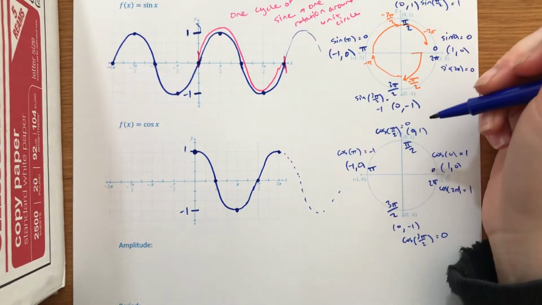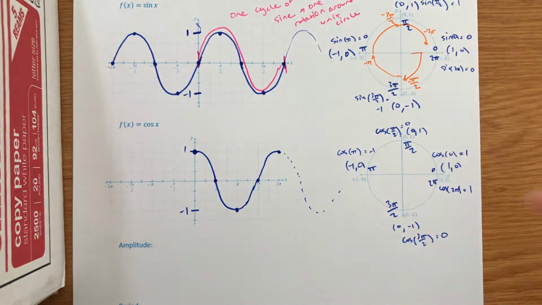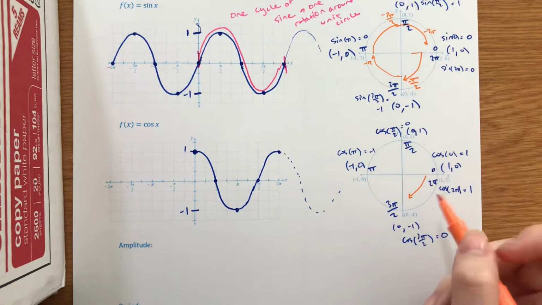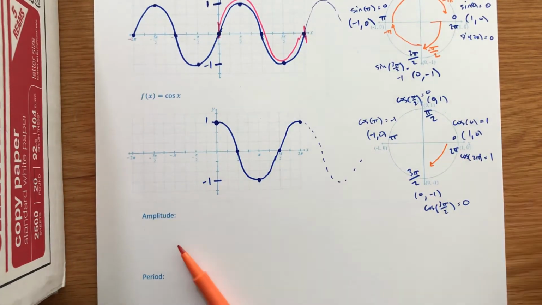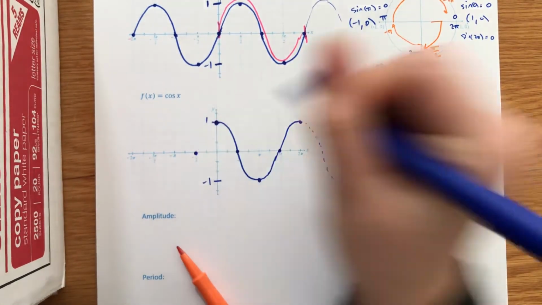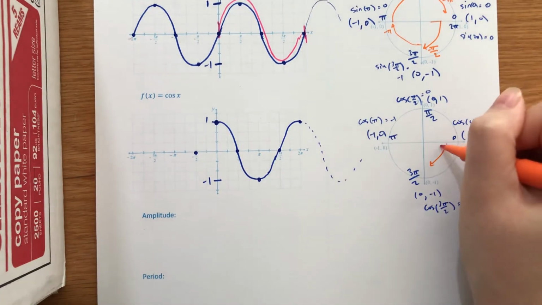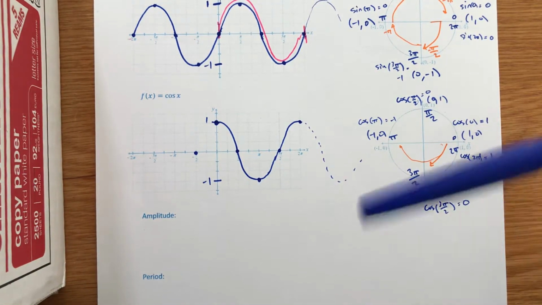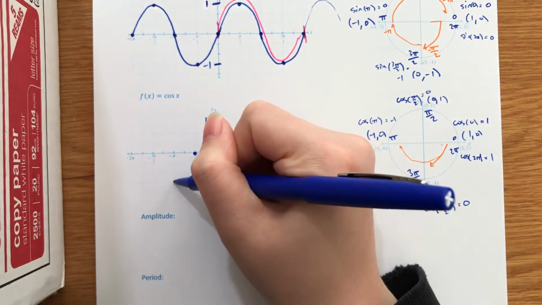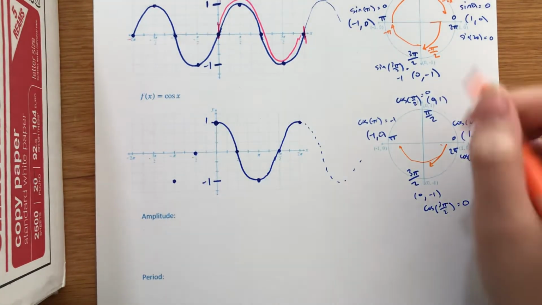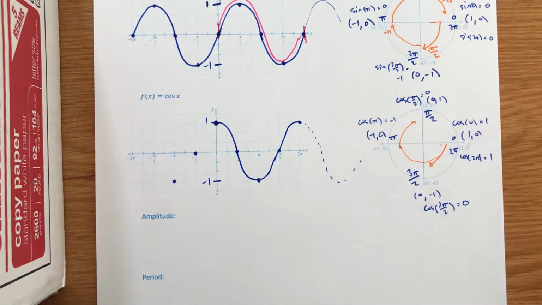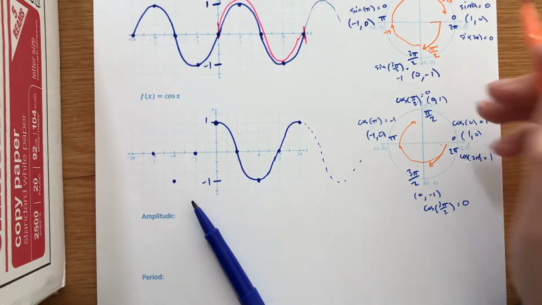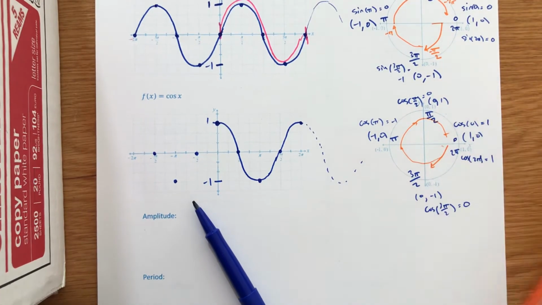It's just been shifted. So if we go in the negative direction, cosine at negative pi over 2 will be 0. And cosine at negative pi would be negative 1. Cosine at negative 3 pi over 2 would be 0. And then cosine at negative 2 pi would be 1.